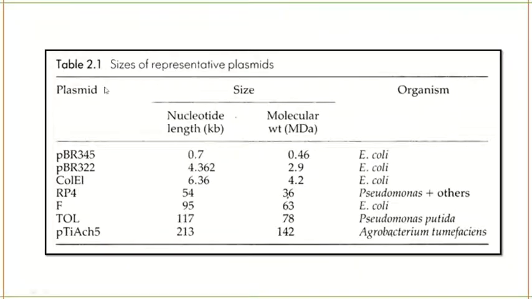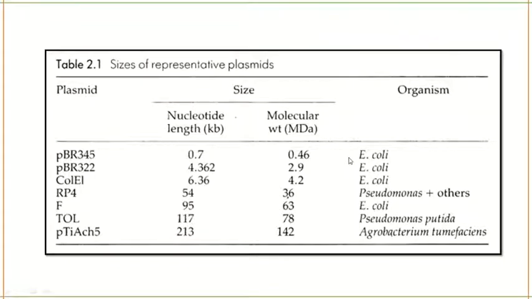So, sizes of representative plasmids. They have given the plasmid name, the nucleotide length in kilobases, the molecular weight, and the organism. So pBR345 can have 0.7 kilobases, molecular weight is 0.46 MDa, megadaltons, and the organism is E. coli.